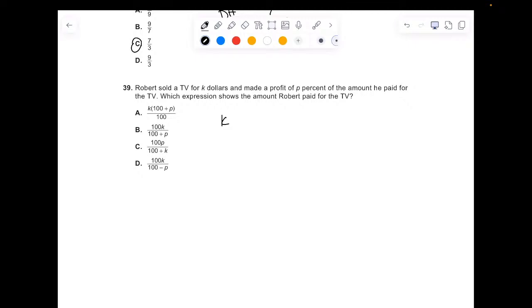Made a profit of P%, so that means it's multiplied by 100. So, I mean, I'm thinking it's just that.